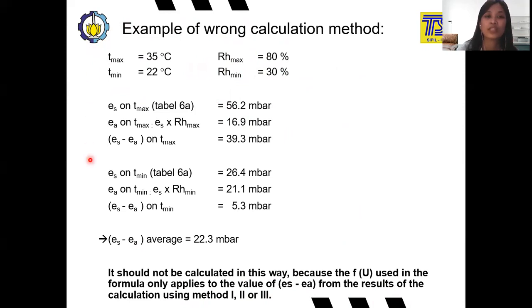So you have to remember this. If the data that you got is maximum and minimum data, you have to average it first. But if you already have the average data, you can go straight to the calculation method. You don't have to average it again.